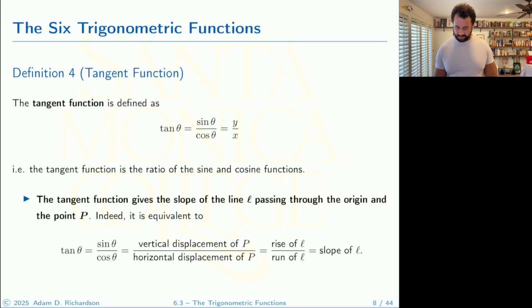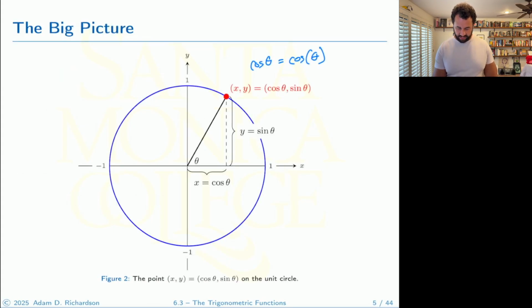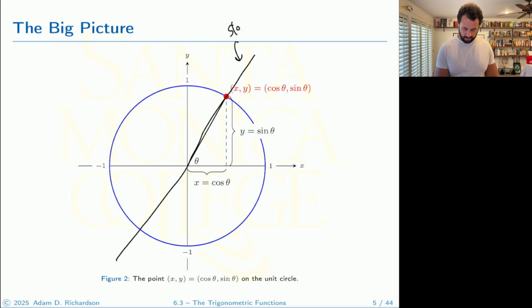So if we go back to the big picture here, let me erase, delete. There's this line right here, right? I could do better than that. There's a line, pretend that's a straight line, and the slope of this line is literally equal to y over x, right?